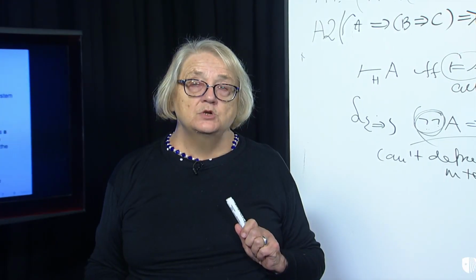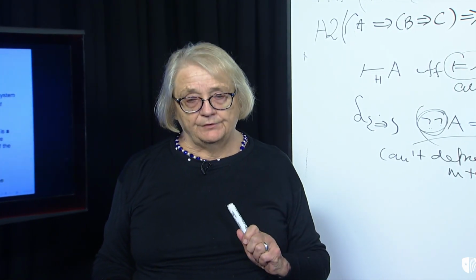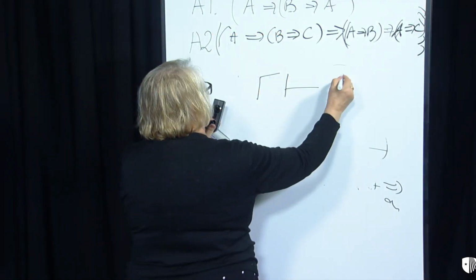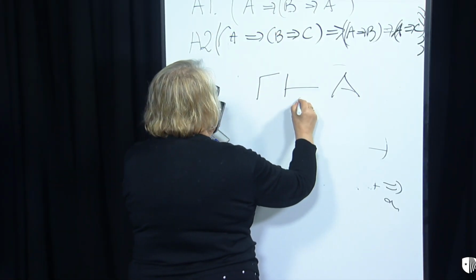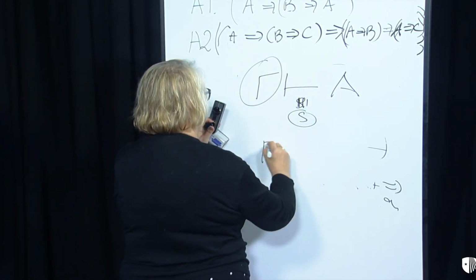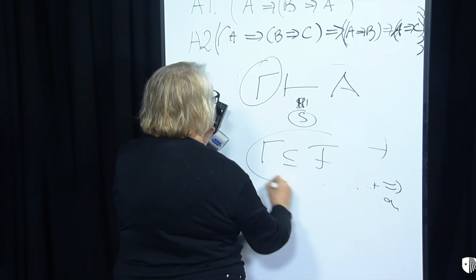Now there is the next notion of a proof, which we did cover, which is a proof that uses certain extra information, which is called hypothesis. So the next notion of a proof, which we will be heavily using, is to define a proof of a formula in our system, whether H1 or system S, from gamma, a set of formulas.